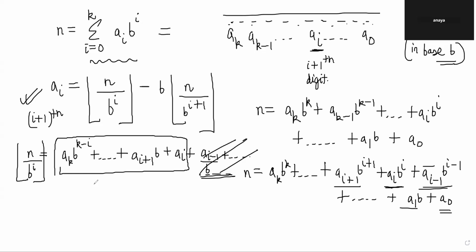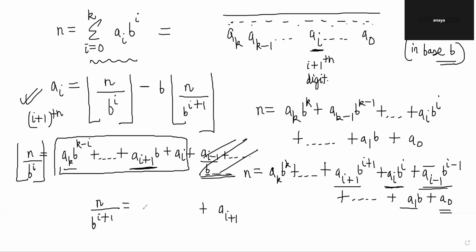Similarly, if I do n by b power i plus 1, you should realize that what will remain is everything ahead of it, except a_{i+1} will be the last one.